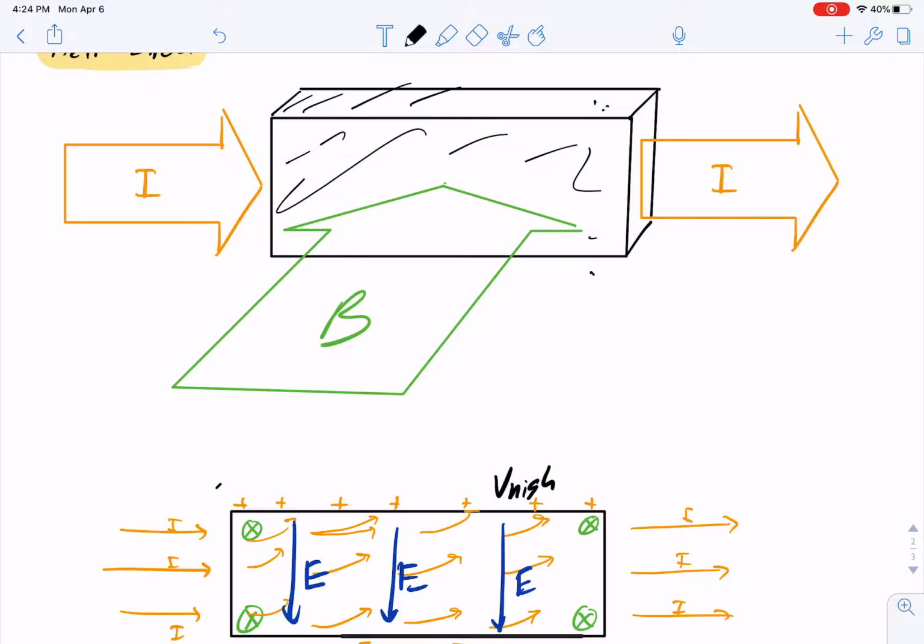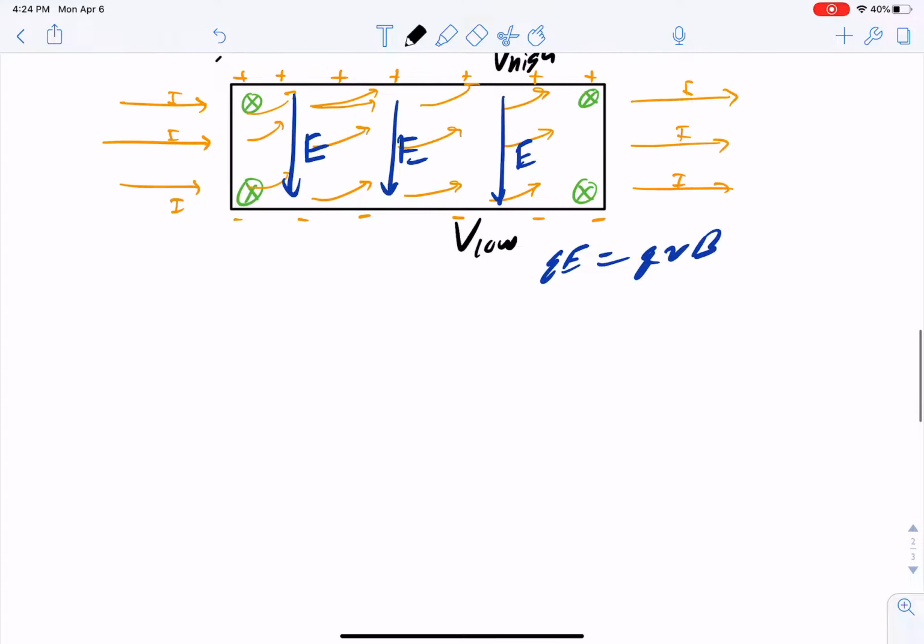So you can measure the voltage difference between that side and the bottom side. Let's say that this length here is D, and the length this way is W. All right, so this is the length D.